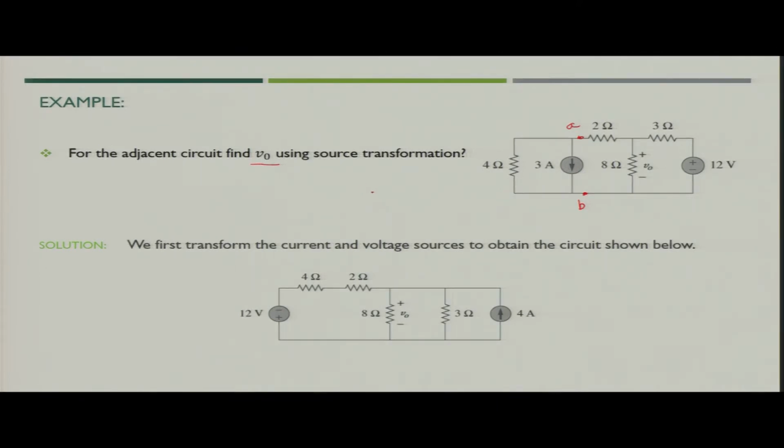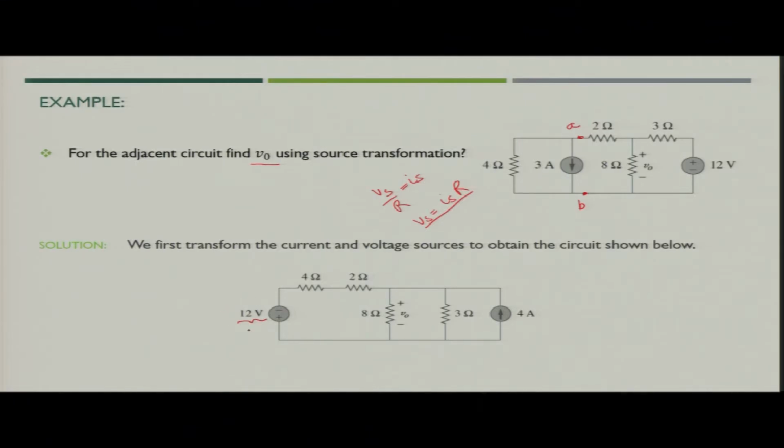What was the value of Vs upon R? Vs upon R is equal to Is. So, Vs is equal to Is into R. So, what would be the value of Vs? Vs is equal to Is into R. So, this will become 12 volt.